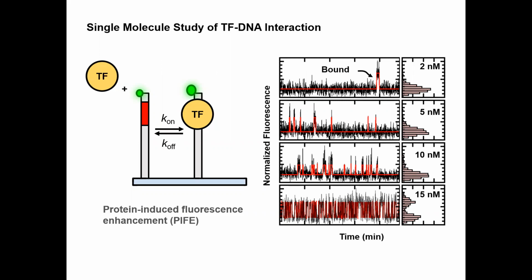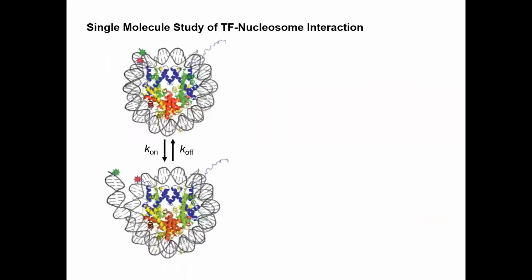And when we care about the transcription factor binding to a nucleosome, we cannot use this assay because the DNA is already in contact with a large protein complex. But instead, we're using this single molecule FRET assay. And the idea is that if you put donor and acceptor here, usually when the nucleosome is well formed, they have high FRET efficiency. But when the DNA unwraps from the nucleosome surface, you get lower FRET. Even without factors, nucleosome goes through spontaneous unwrapping, but this process is very transient.